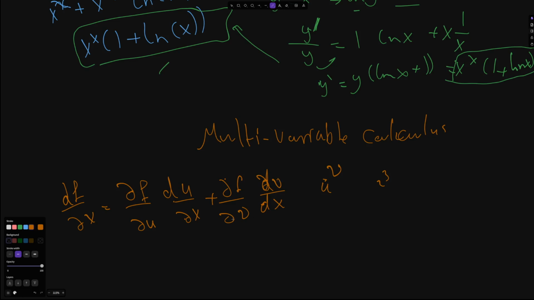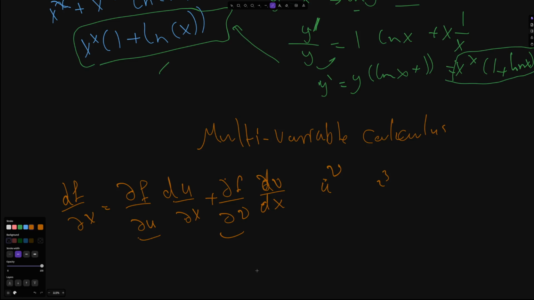Look at the first term, partial f by partial u. It means the derivative with respect to the base, treating the exponent as constant. This is exactly the power rule. Look at the second term, partial f by partial v. It means the derivative with respect to the exponent, treating the base as constant. So the method wasn't actually illegal, it was just the total derivative in disguise.